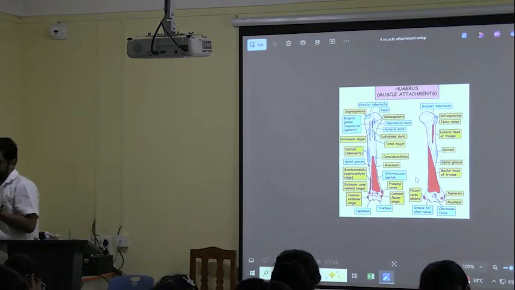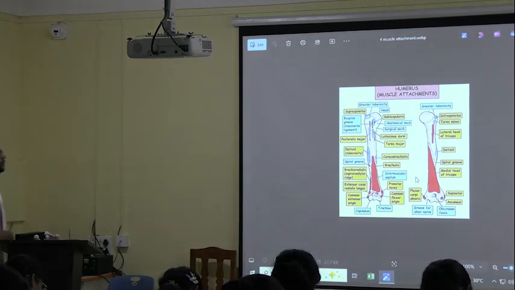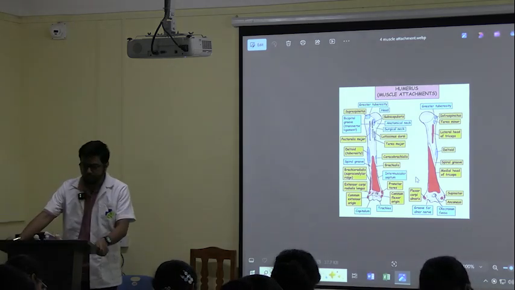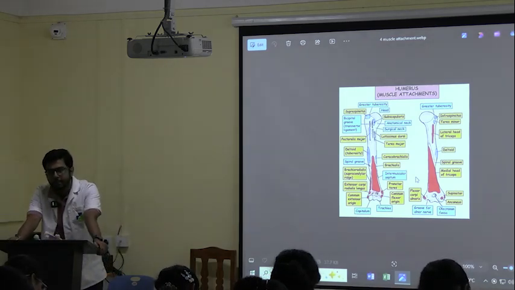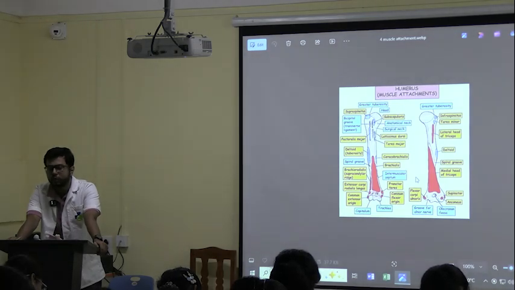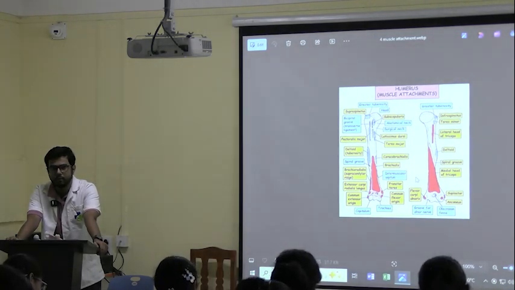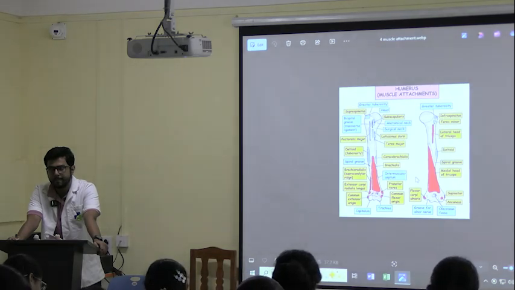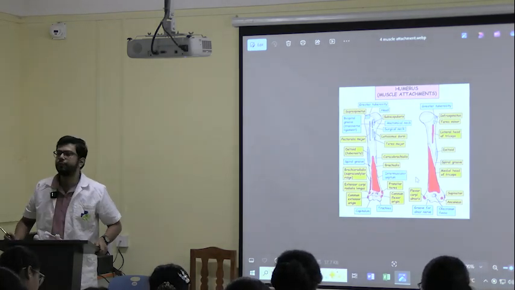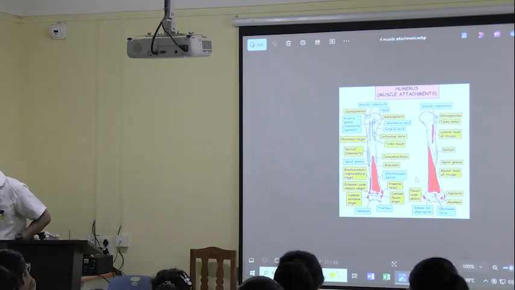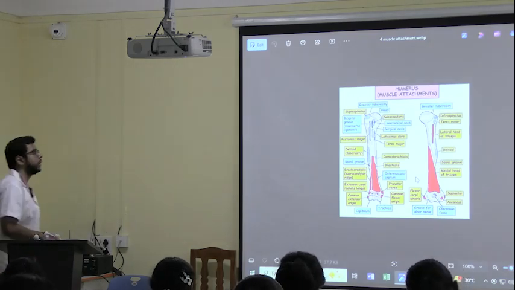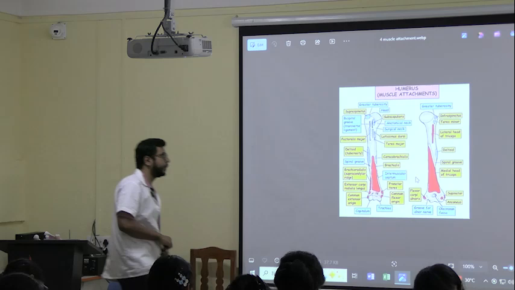Write it or mark it on the image. Is it making sense? Are you guys getting anything? Posteriorly and superiorly. So it is the posterior superior surface of greater tubercle.